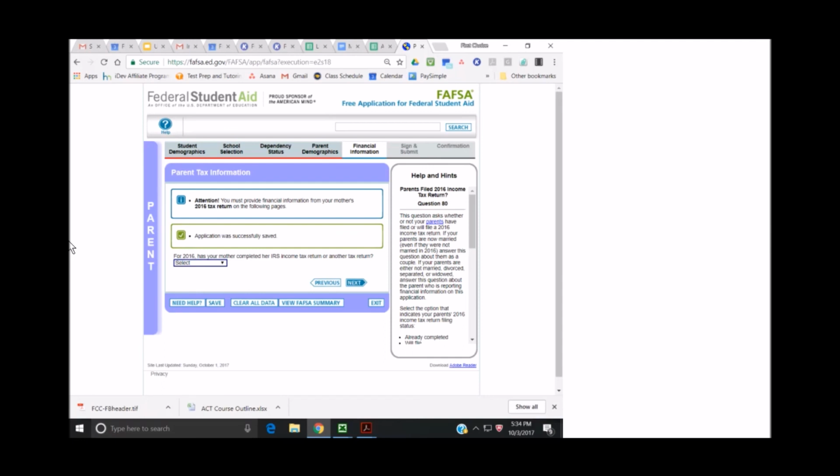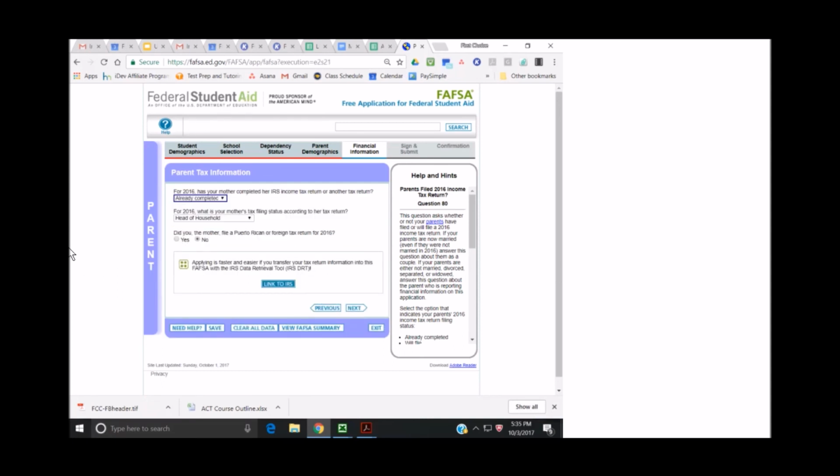So now they'll ask you if you've completed your tax return, the status of your tax return, the filing status. So it could be married filing joint, married filing independently, head of household, whatever the filing status is as it says on the tax return.